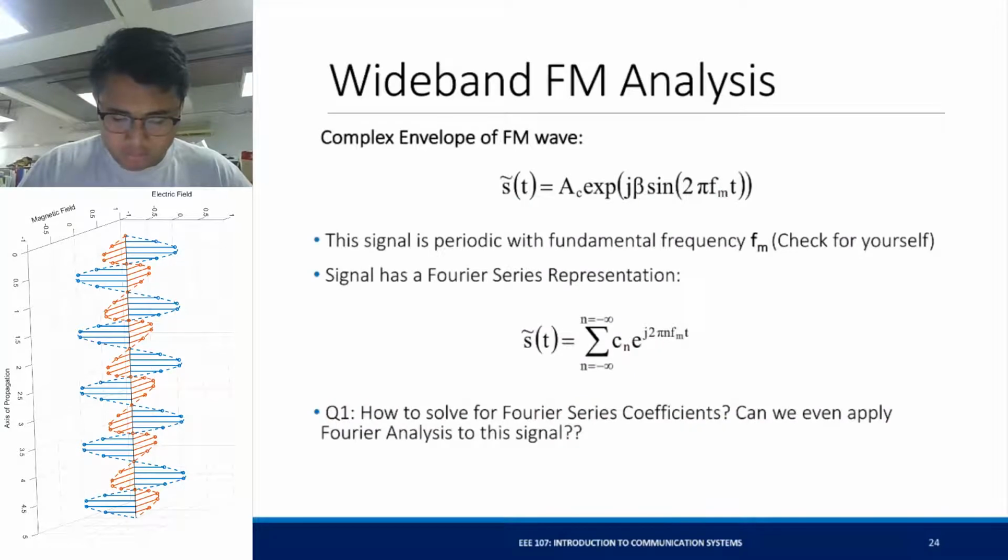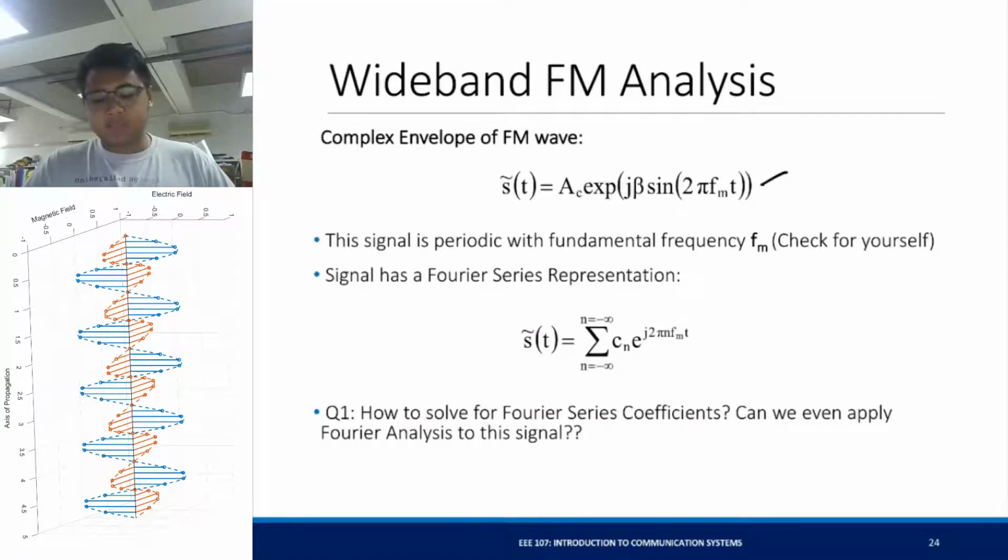Okay, so the complex envelope is this. The signal is periodic with the frequency f sub m. So you can check that out for yourself. But since it's periodic, we can use the Fourier series representation to analyze the frequency content of your FM wave. So how do we solve for the Fourier series coefficient?